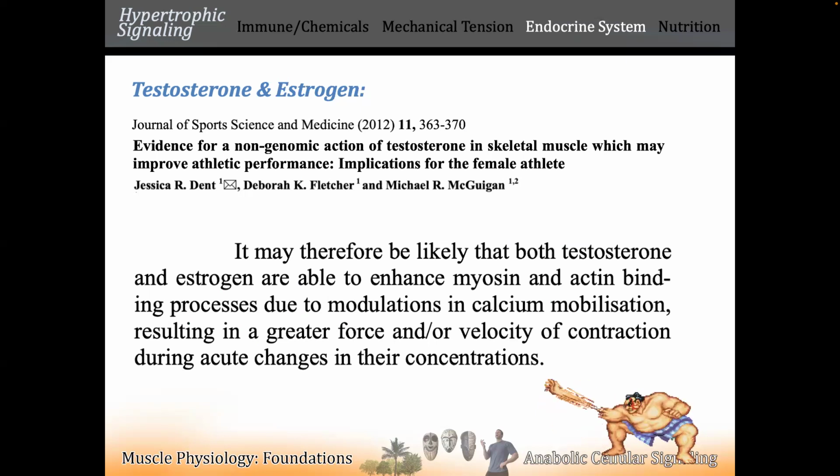These correspond to higher concentrations of steroid hormones, higher testosterone, and then higher levels of testosterone and estrogen will help facilitate better calcium mobilization, and then better calcium release is going to help with skeletal muscle function. So there is an immediate enhancement of performance that testosterone and estrogen both have.